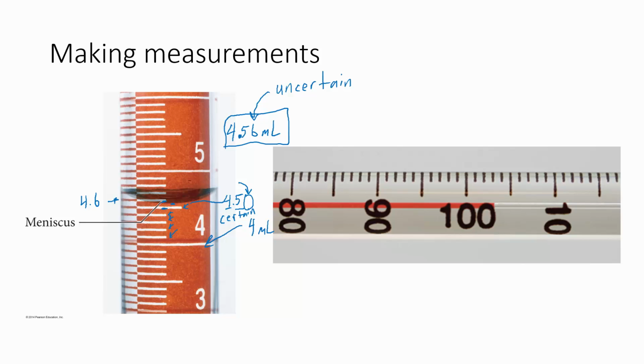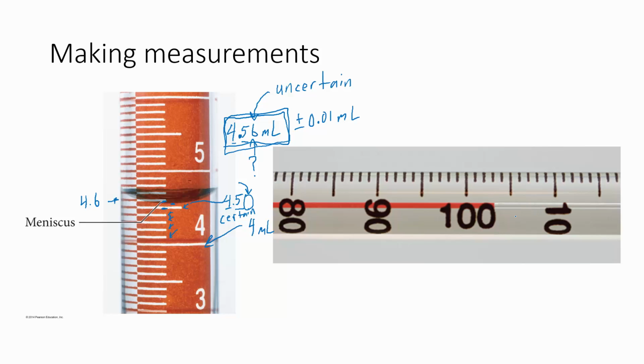We're sure about the 4 and the 5, but that last digit, that's another story. That's conveyed by writing down this measurement as 4.56. People will automatically know by reading that that last digit is the uncertain one, and that we're considering this to be plus or minus probably about 0.1 milliliters.